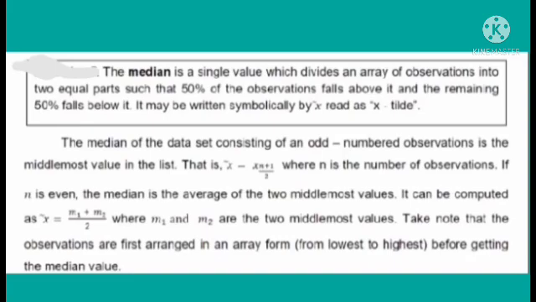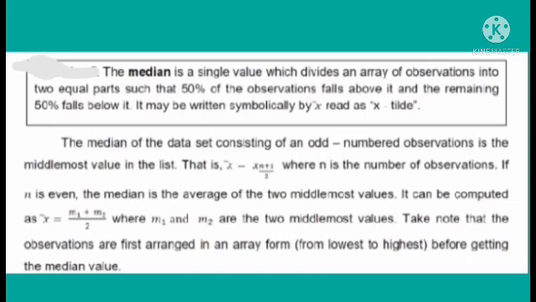The median of a data set consisting of an odd number of observations is the middlemost value in the list. The x tilde equals the value at position (n plus 1) over 2, where n is the number of observations. If n is even, the median is the average of the two middlemost values.